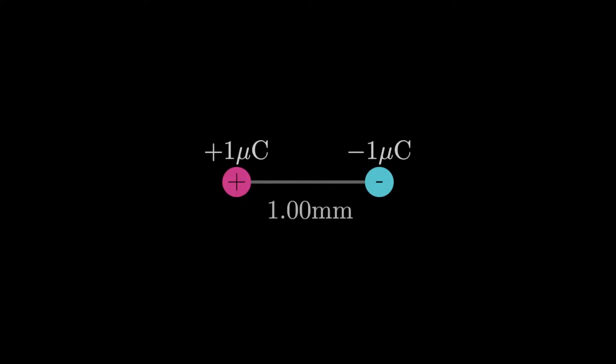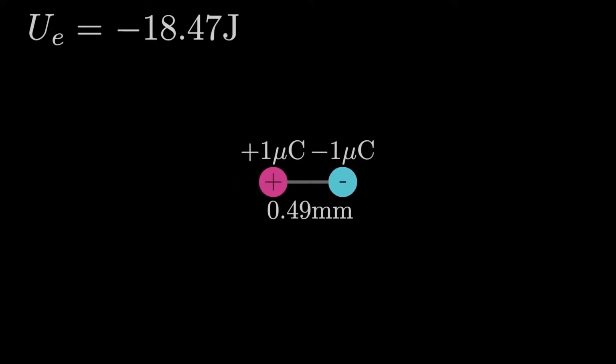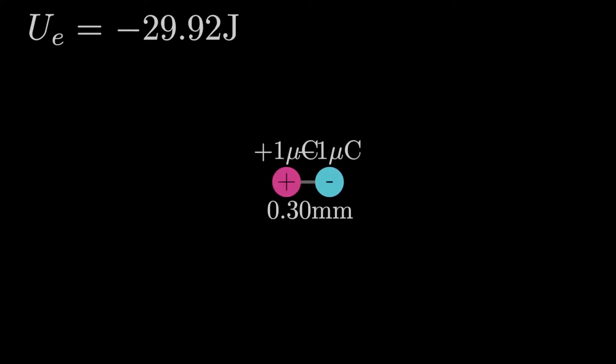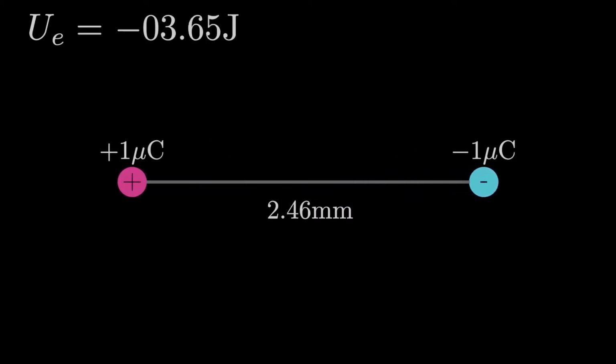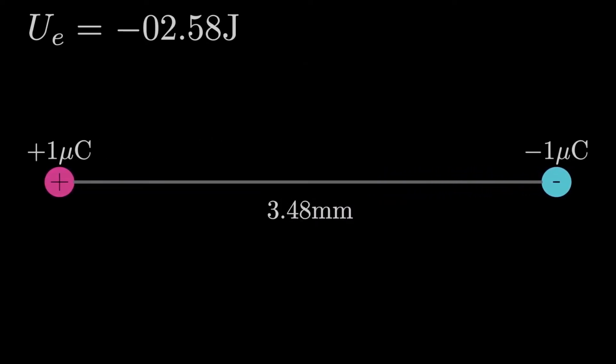It's a lower energy state than if the charges were infinitely far away, at which point the electric potential energy would be zero. The electric potential energy decreases as we move them closer together, and it increases as we move them farther apart in this case. So, do we expect a capacitor to have an electric potential energy greater than zero or less than zero?